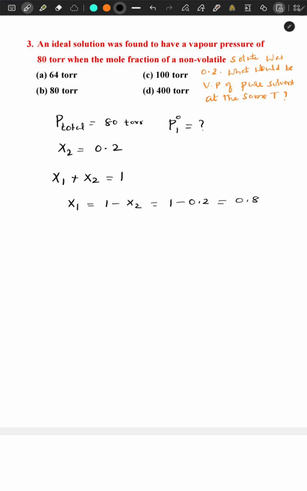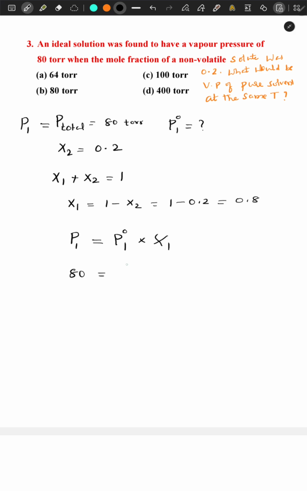So now you can apply the formula. So what is that? Vapor pressure of component 1 in solution is equal to vapor pressure of solvent in pure state into mole fraction of component 1 in solution. So P1 is given. P1 is nothing but P total. So P1 is given as 80, that is the vapor pressure of solution.